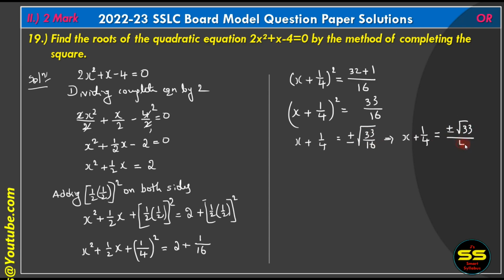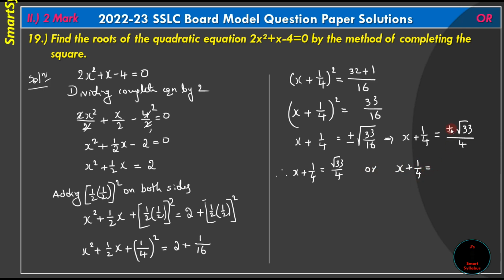Square root of 16 is nothing but 4. It means we get x plus 1 by 4 is equal to plus root 33 upon 4 once, or you can say x plus 1 by 4 is equal to, now once we have considered this one with a plus sign, now consider this one with the minus sign, minus root 33 upon 4.